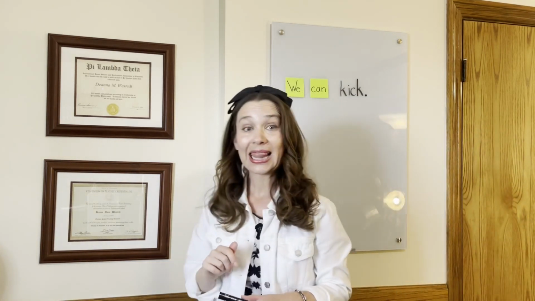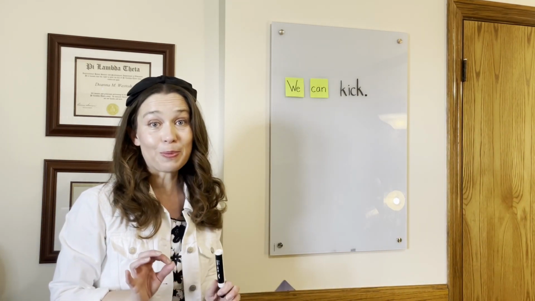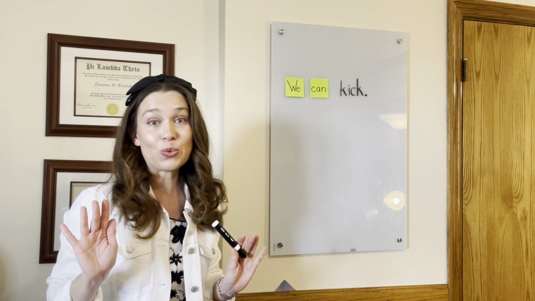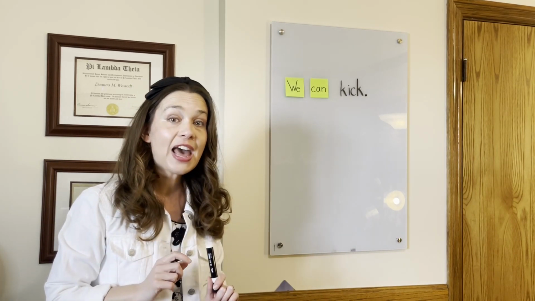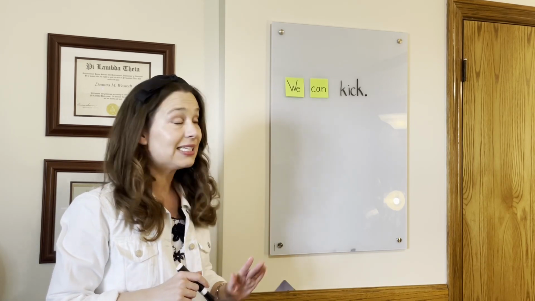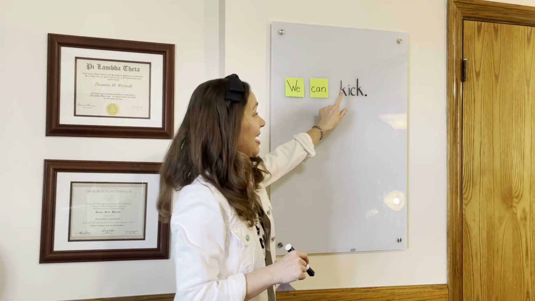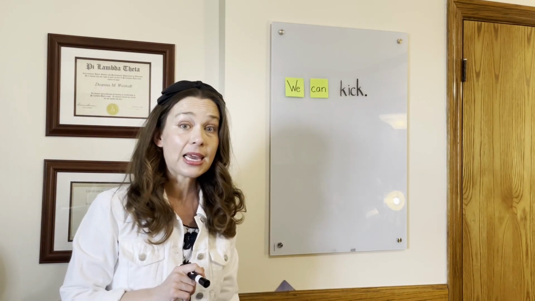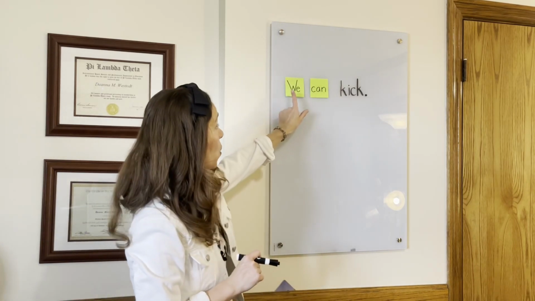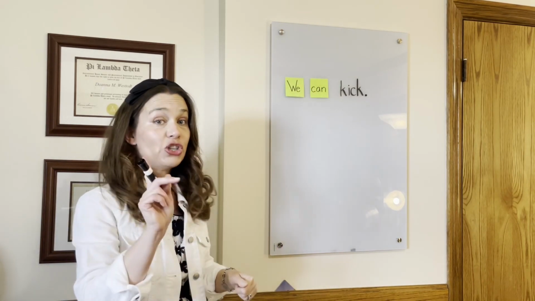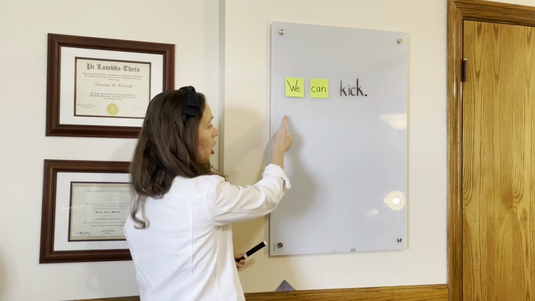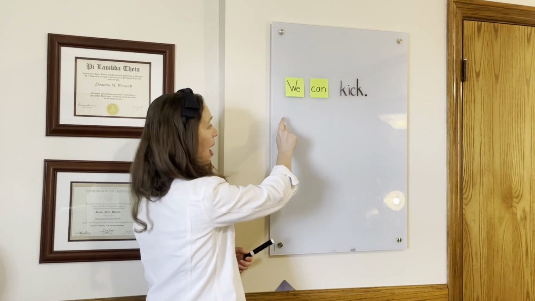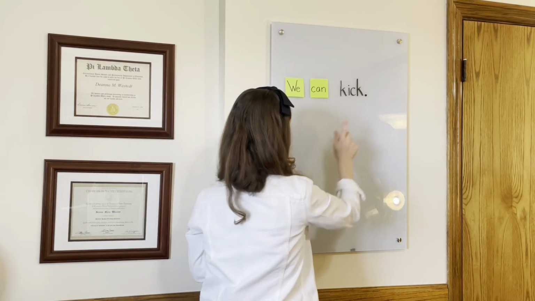All right, let's get another verb going, another action word. But before we do that, we need to start our sentence. We can kick. Now maybe you're ready to write the words we and can. Don't forget, we always start over here and we go this way.